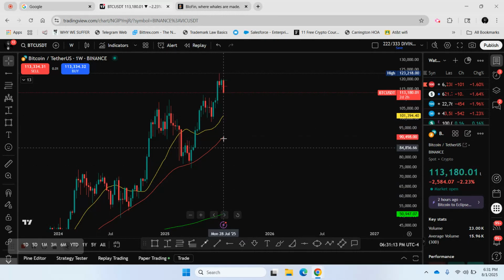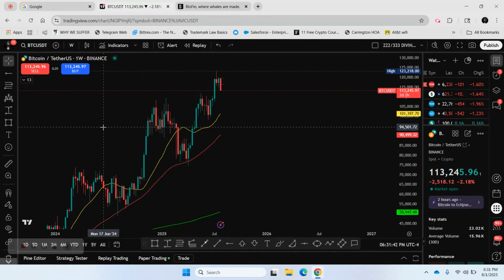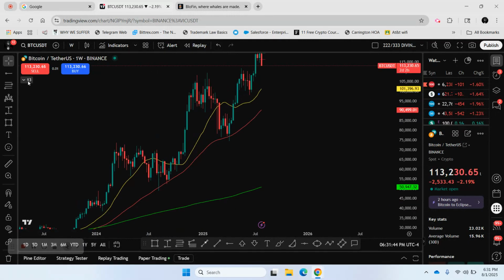Typically, when price is away from all three and it's looking like this, price wants to fight to get back to the moving averages. Price does not like to stay away from the moving averages too long. So we're prime for it to want to fight to get back. It's going to determine how fast though. This is going to happen because this keeps inching on up. I don't know where it's going to meet it, but it looks like price really wants to get back to touch these. So keep that in mind as well.